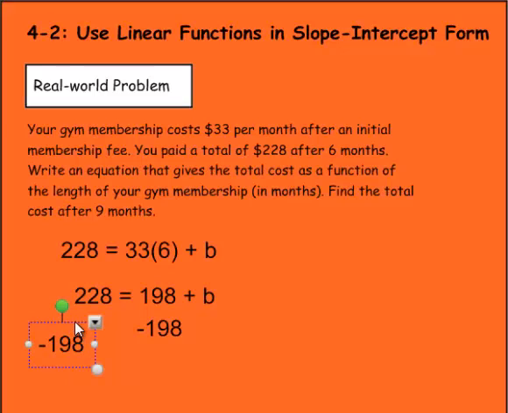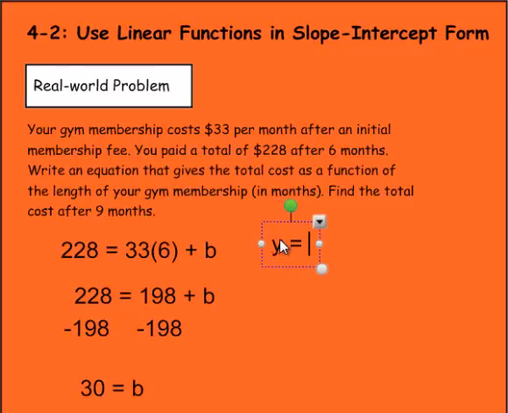So 228 minus 198 would equal 30. So 30 equals b. Our intercept equals b. So if we're going to write this equation out, it would be y equals 33 times x plus 30. $33 per month plus the $30 initial fee.